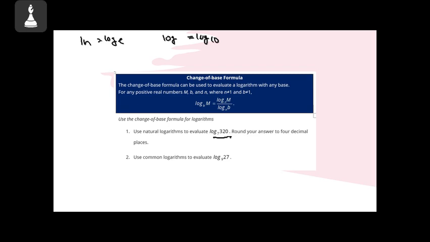So what we can do is use what's called the change of base formula. And we have two numbers. The way I always see this is the smaller font and the larger font. The larger fonted number is the one that's going to go on top. The smaller fonted number is the one that's going on bottom. And it doesn't matter if you use the log button or the natural log button.